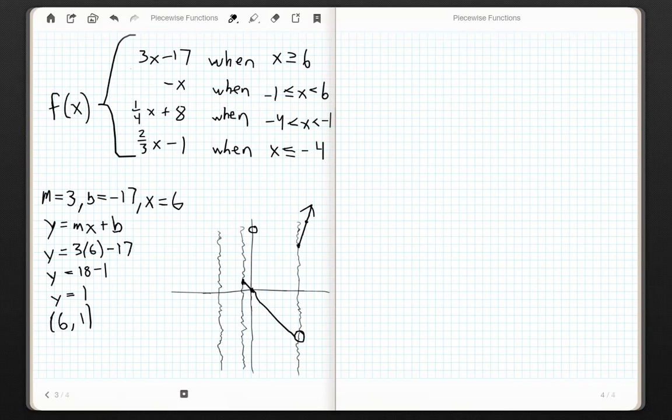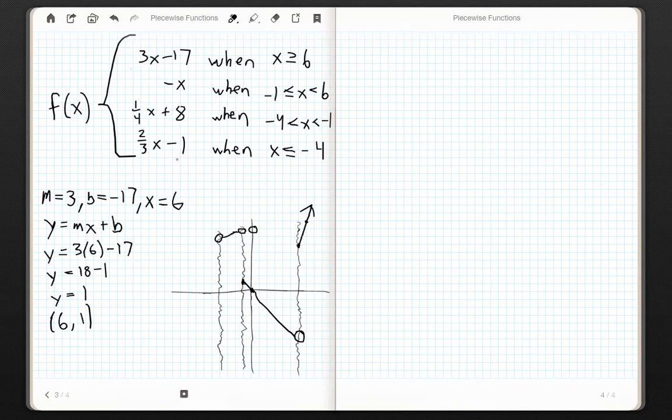That's going to put us right here. And we're going to leave that as an open circle because this line does not include where x is negative 4. And this goes over to where x is negative 1. It does not include that point either. So that's going to be right around there. Kind of hard to draw that exactly. That will be our segment right there.